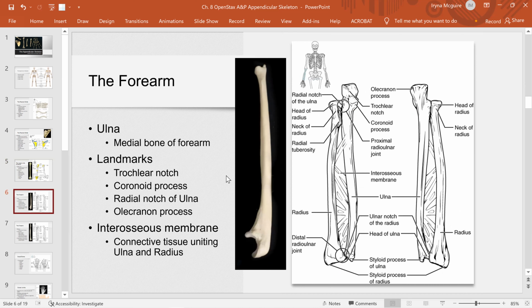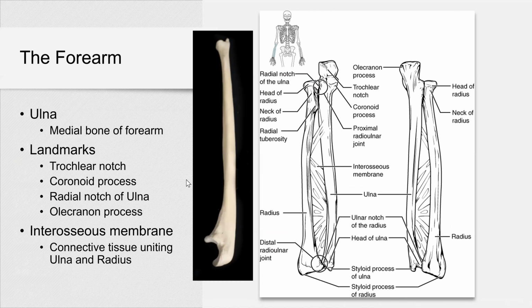So now we're moving to the forearm, and we're going to look at the ulna. That is the medial bone, and it has a very prominent notch that is called the trochlear notch. So over here, that's the trochlear notch. It's shown on a diagram as well, but you can see the trochlear notch way better on the human bone over here.